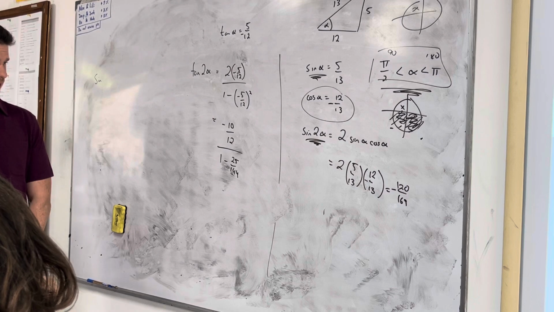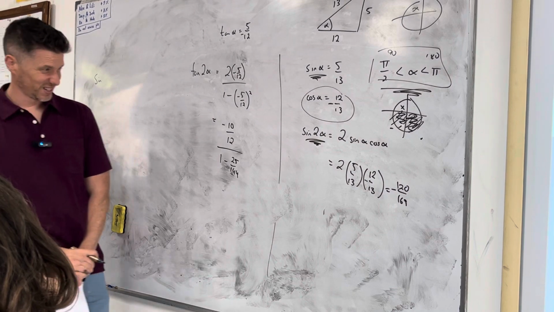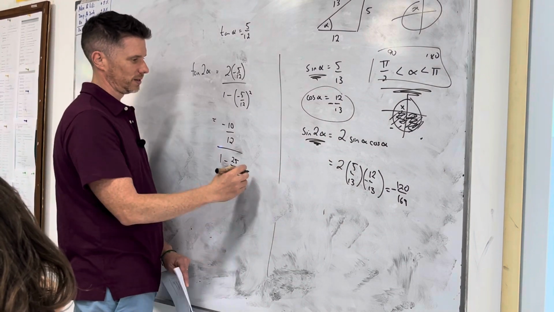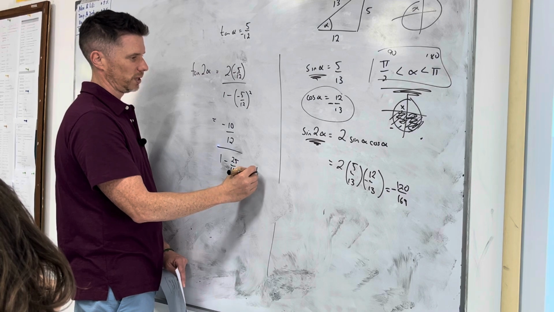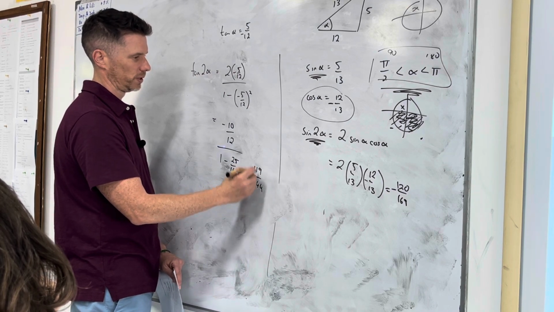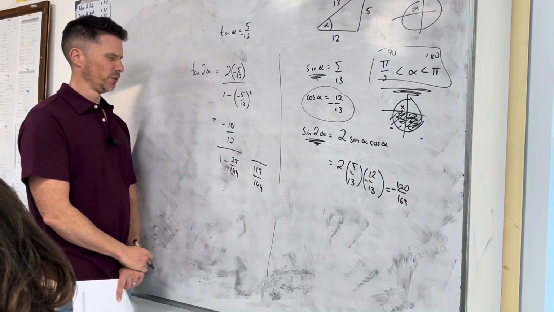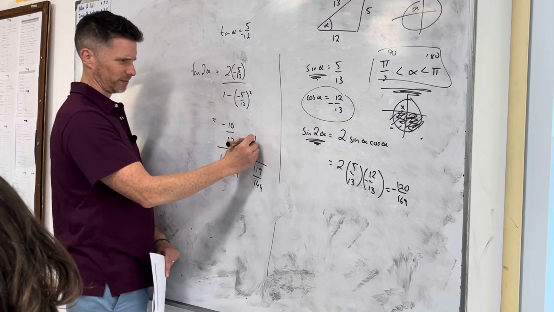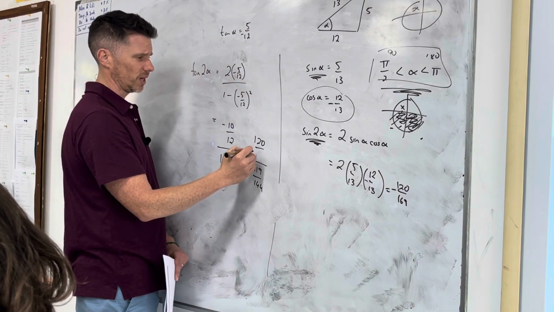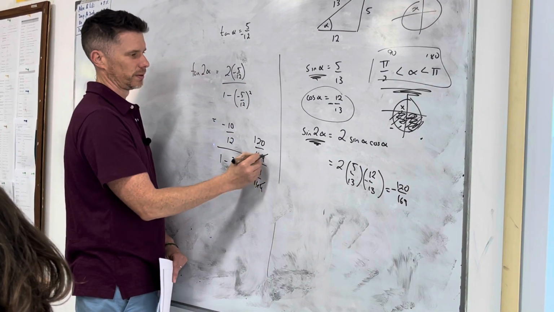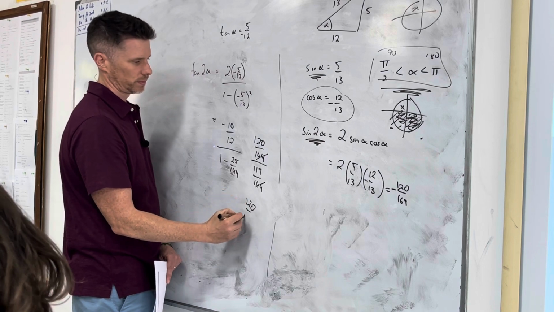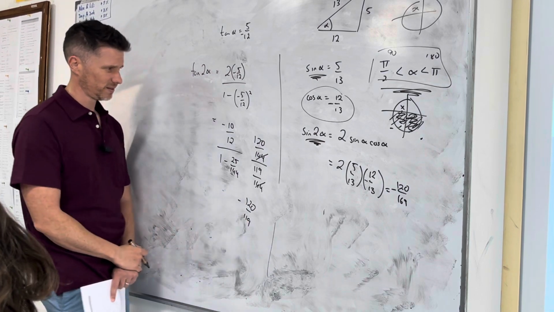I think you're going to get a negative number. 119 over 144. So 119 over 144. Is it that? Yeah, that is.